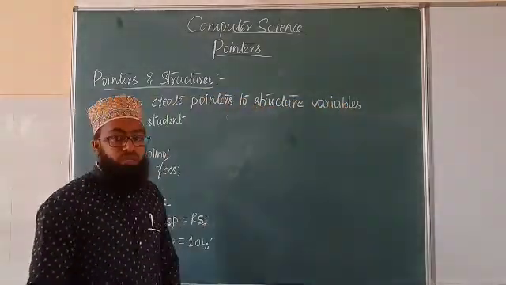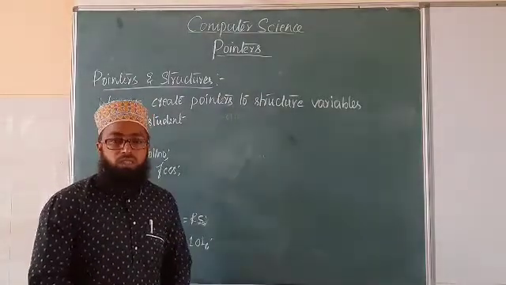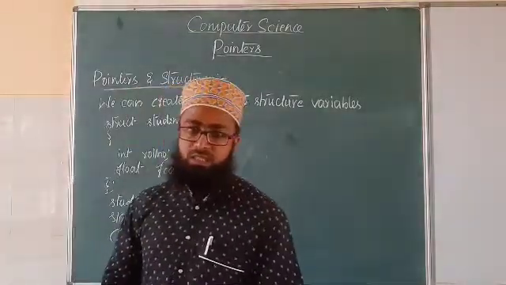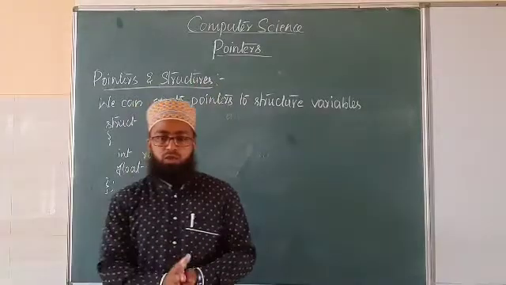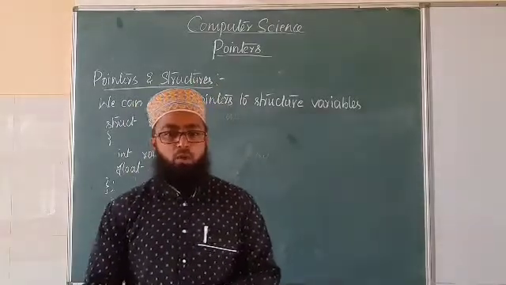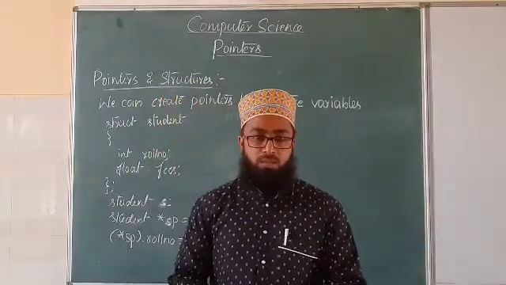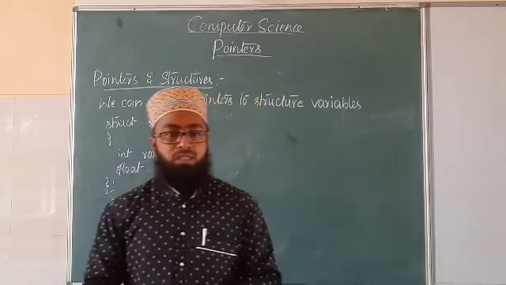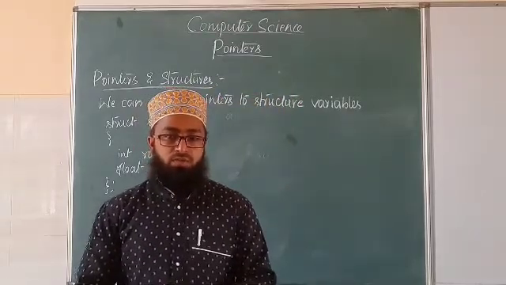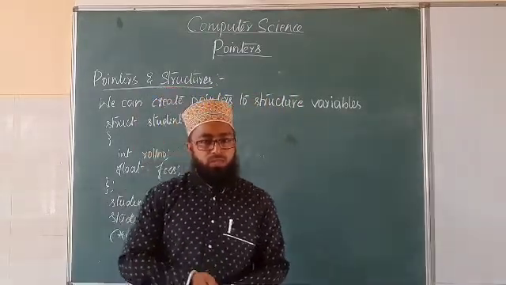Like this, we can use pointers with structures. Hope you have understood today's class, regarding pointers as function parameters and pointers with structures. If you have any doubt, you can ask me personally. Thank you.